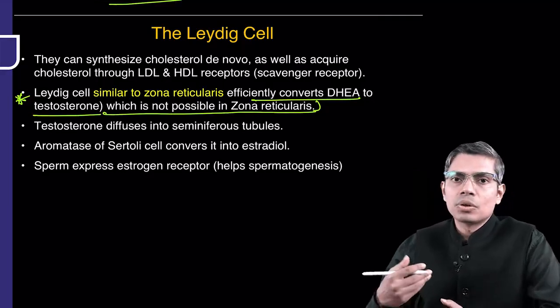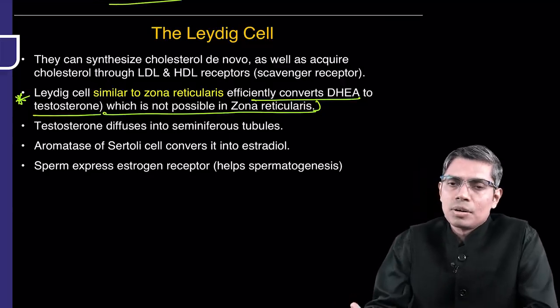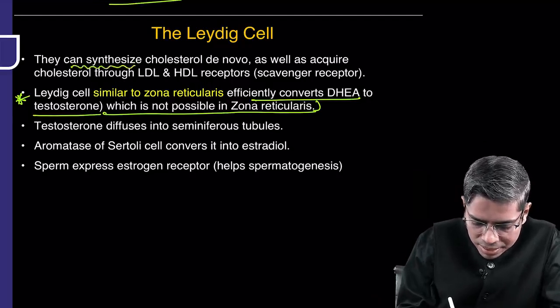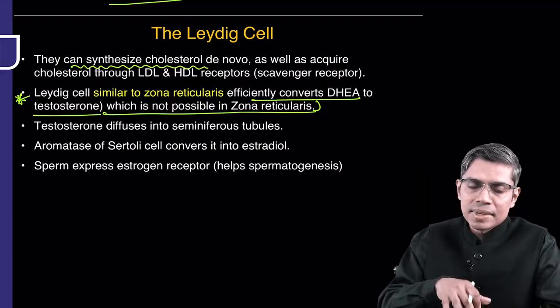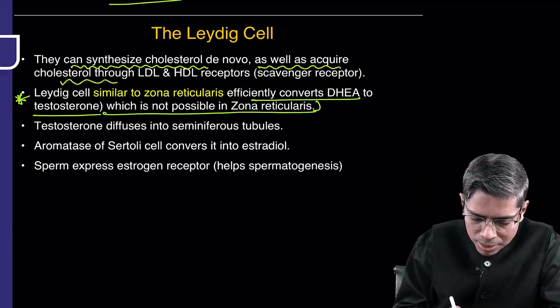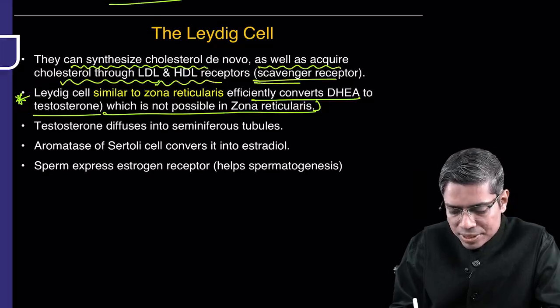And what is the raw material for the synthesis of this testosterone? Obviously cholesterol. This Leydig cell, either they can synthesize cholesterol within them, that is the de novo synthesis, or they can take the cholesterol from the blood through LDL and HDL receptor, that is known as a scavenger receptor.